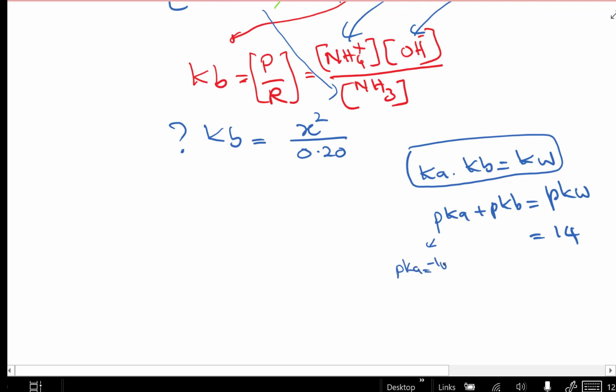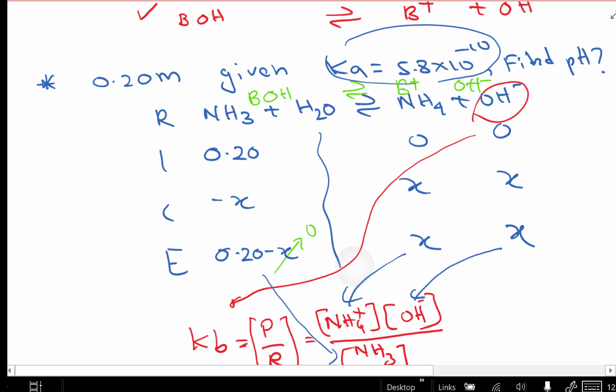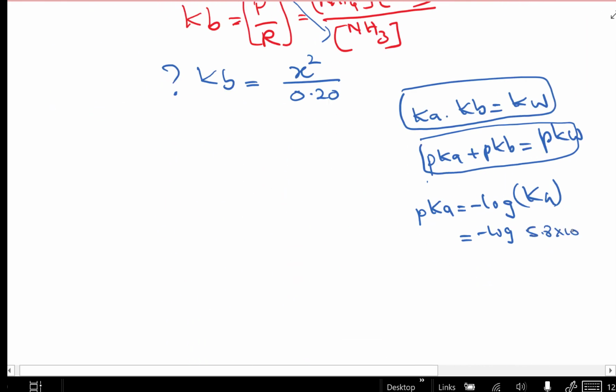Only one power to handle. Now, the pKa is actually minus log of the Ka, right? So because you're given the Ka, let's take the pKa, minus log of the Ka, plug in, look for the minus log value, you get this value. It's a simpler number to deal with in a small calculator, okay?